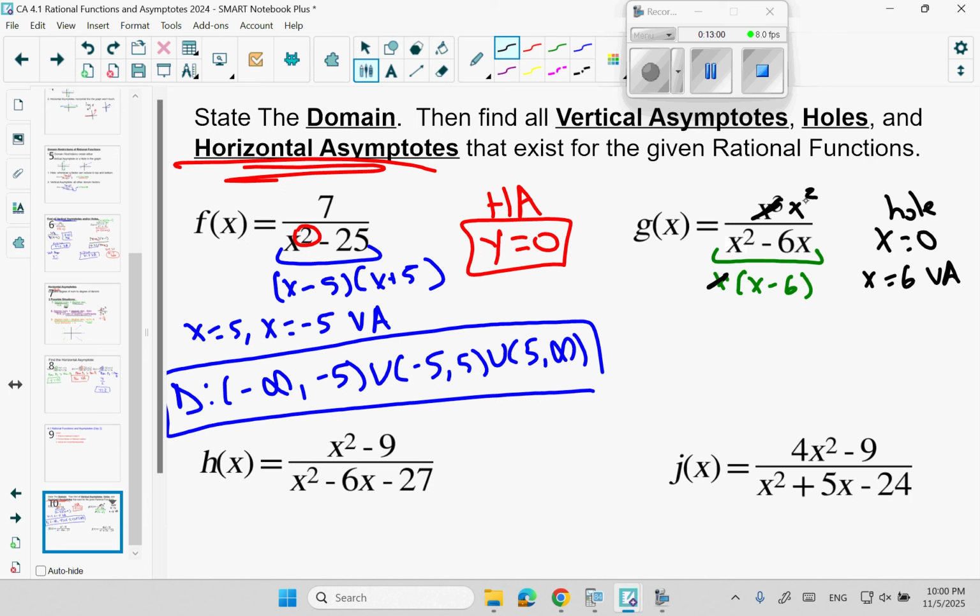Also looking at it, my degree in the numerator is higher than the degree in the denominator, so I'm going to have no horizontal asymptote. So all I need to do is fill in my domain. Again, the values I can't have are 0 and 6. So negative infinity to 0, union 0 to 6, union 6 to infinity.